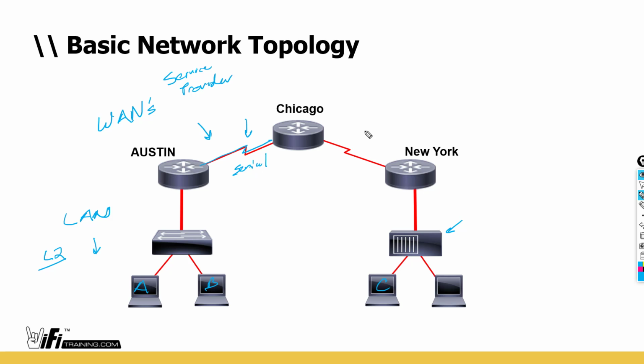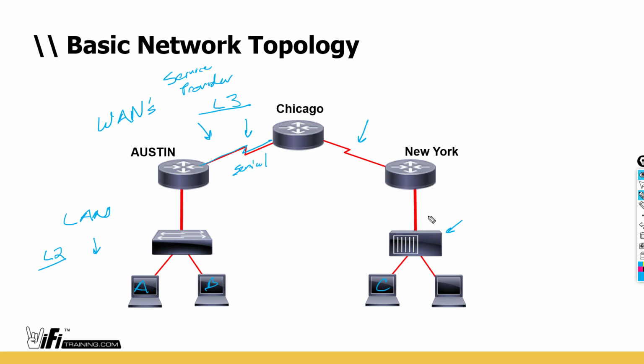But this is just signifying that we have a WAN here, and Chicago's kind of our hub. So the traffic will get to New York. And by the way, this process up here, these WANs, is where we use layer 3 technology, which will make more sense after we go over the layers, right?